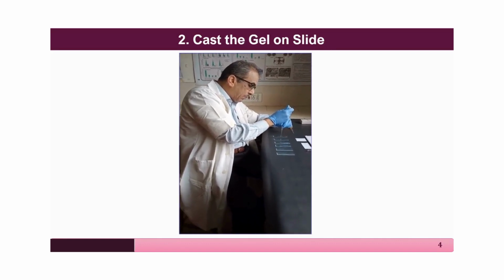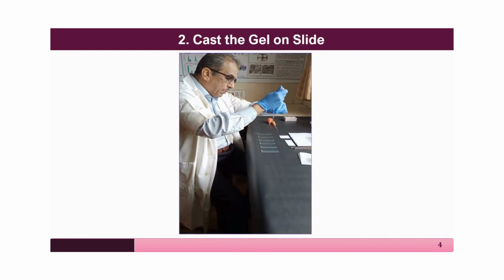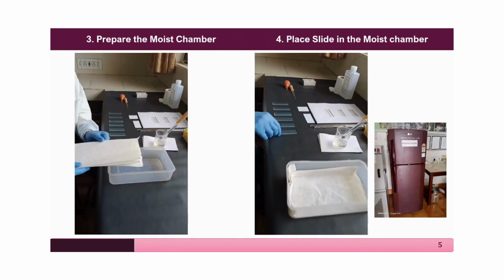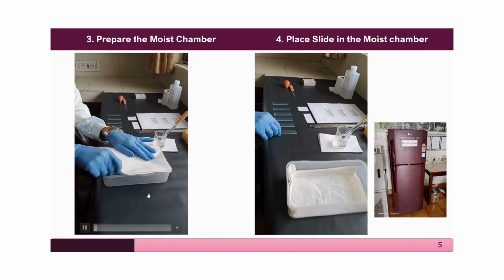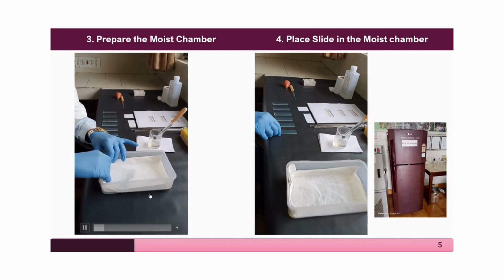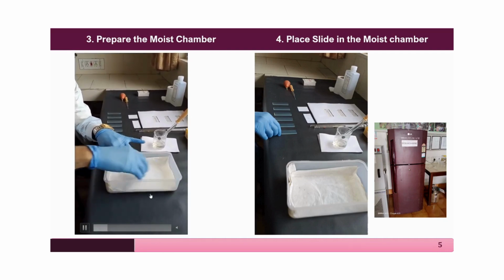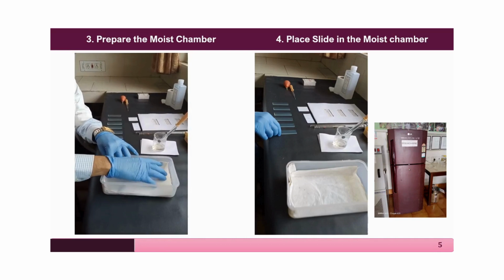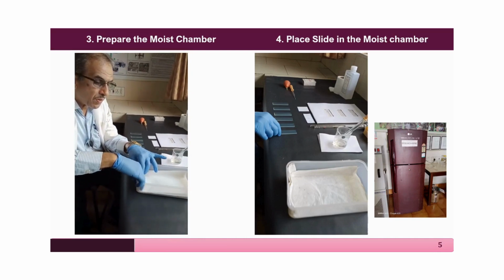Once the agarose is solidified, the slides are now supposed to be transferred into a moist chamber. And the moist chamber is nothing but a simple lunch box, a plastic box, in which you prepare a bedding of filter paper and spread it uniformly.